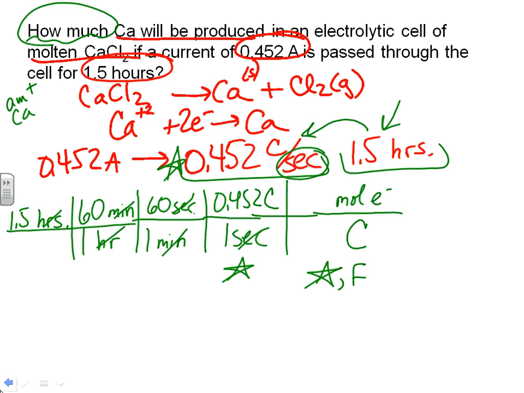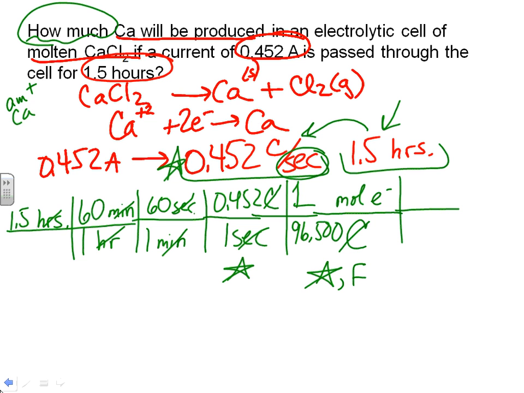That's F. Faraday's constant is what relates moles of electrons to coulombs. It's 96,500 coulombs per 1 mole of electrons. So Faraday's constant lets us go from the coulombs in our cell to moles of electrons in our cell. Now coulombs have canceled. Now we have moles of electrons.